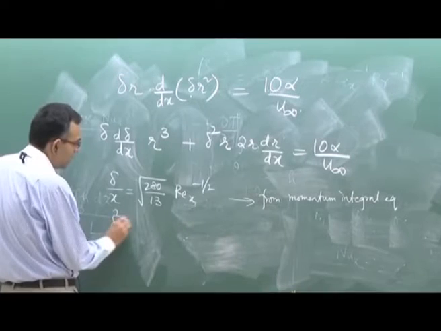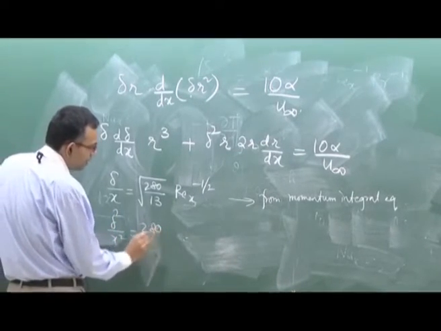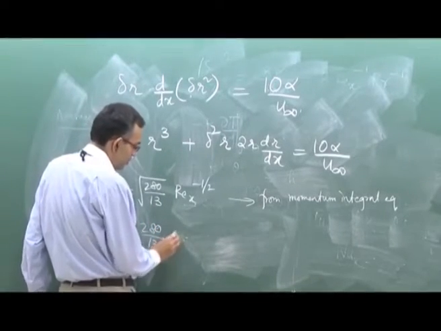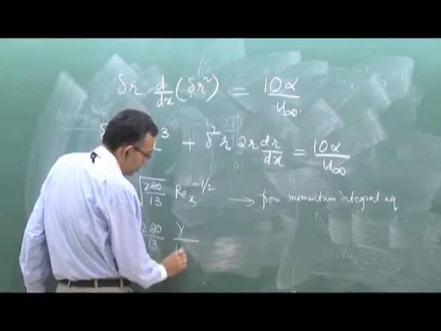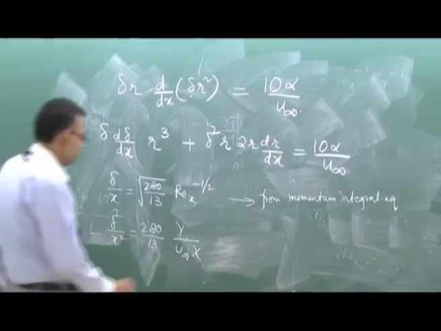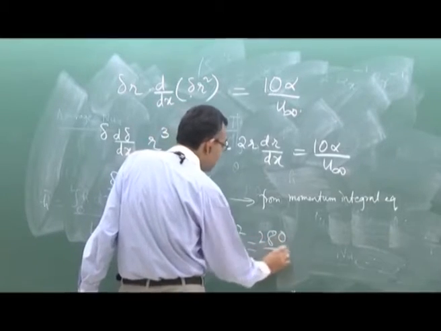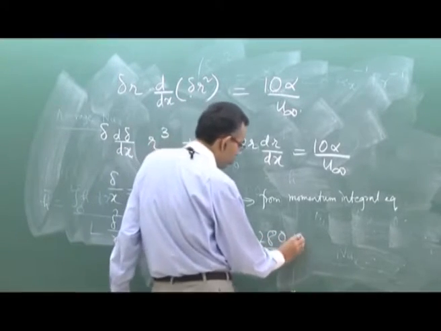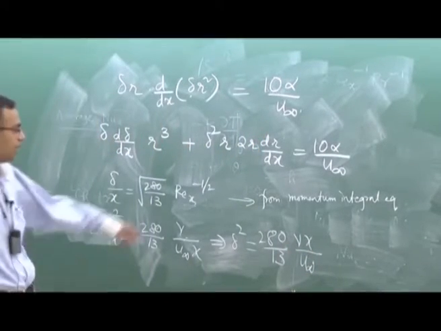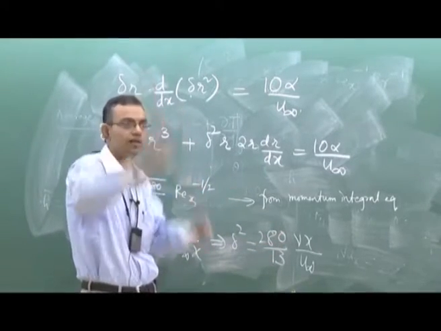So delta square by x square is equal to 280 by 13 into Reynolds number to the power minus 1. So nu by u infinity x, right. So delta square is equal to 280 by 13 into nu x by u infinity. So you can clearly see that delta varies with x to the power half, the edge of the boundary layer.